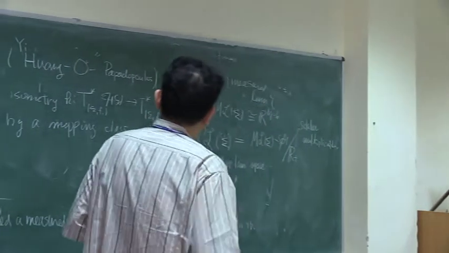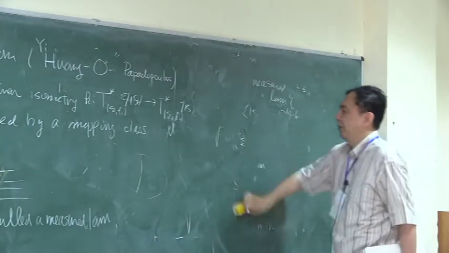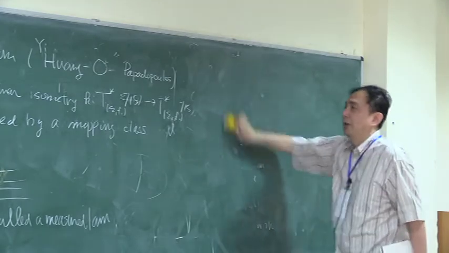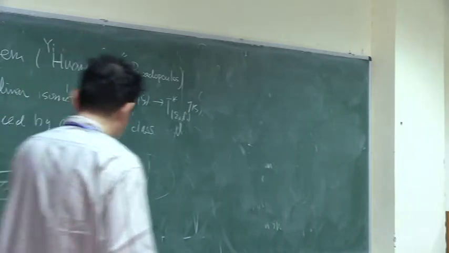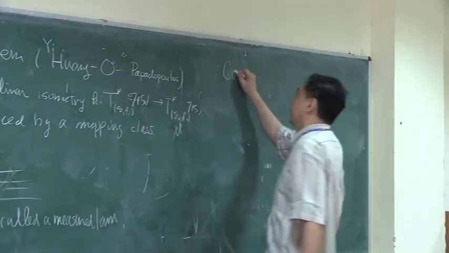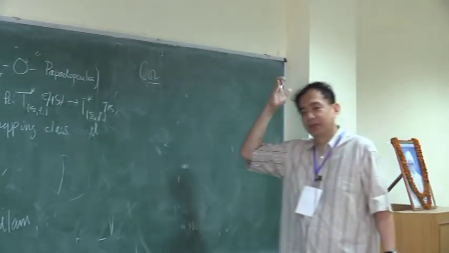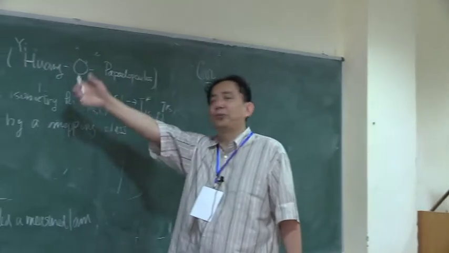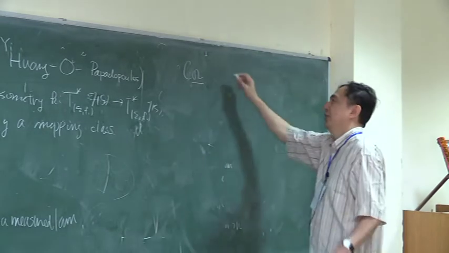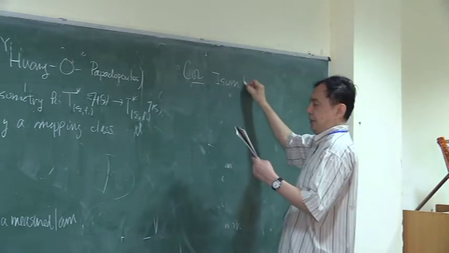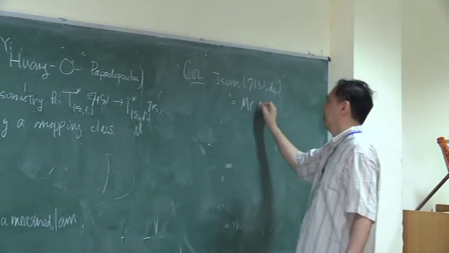So the corollary of this infinitesimal version of the rigidity with respect to the Thurston metric is rigidity. Royden's rigidity is derived from the infinitesimal version, so this rigidity also is derived from the infinitesimal version. So this is equal to the mapping class.